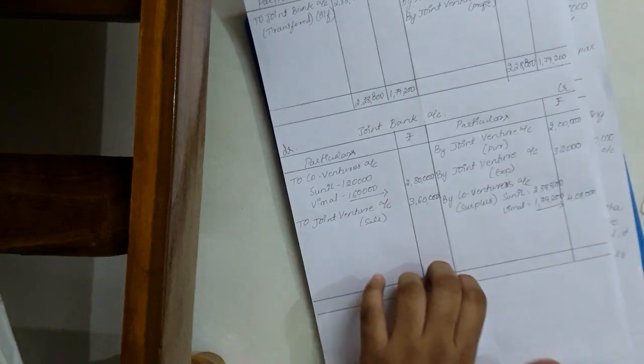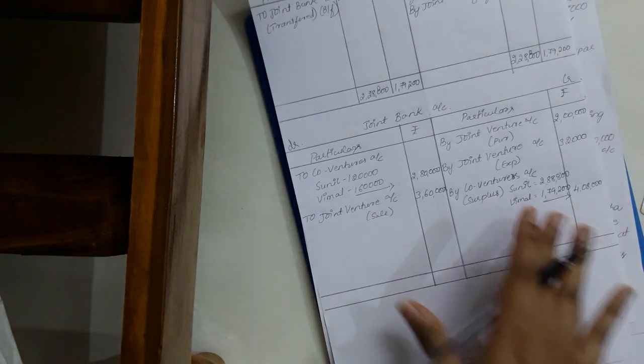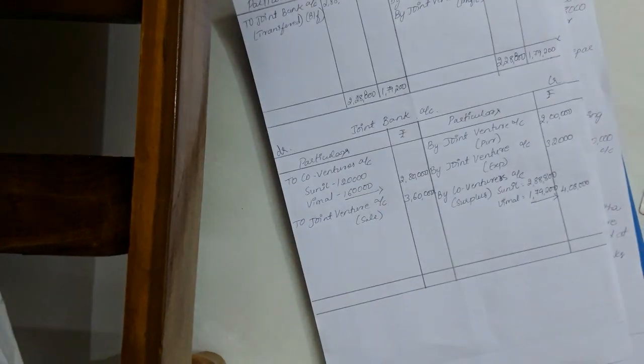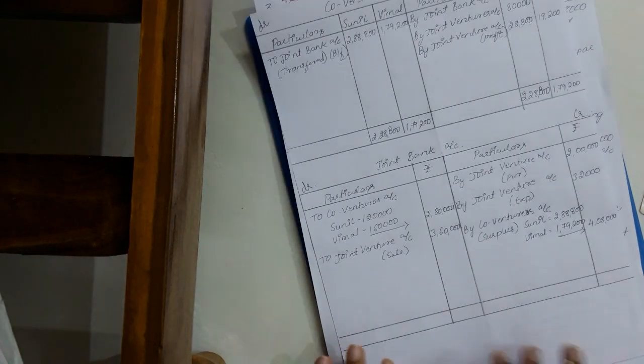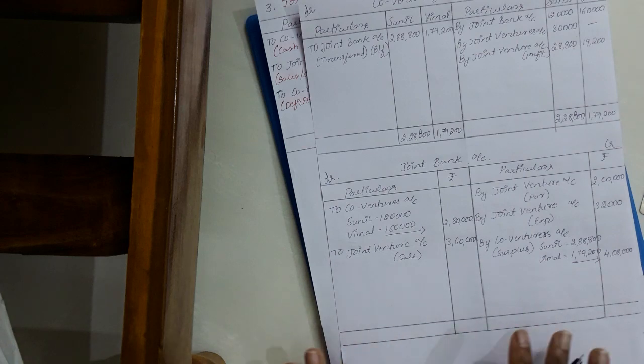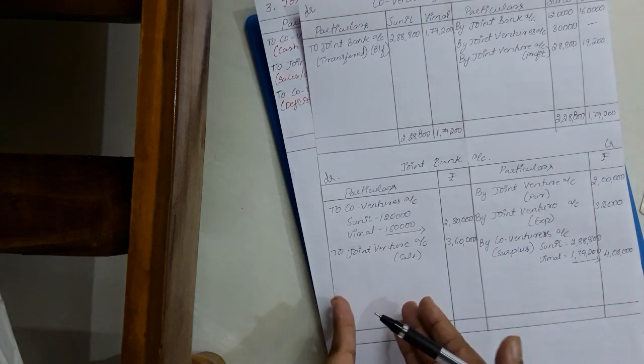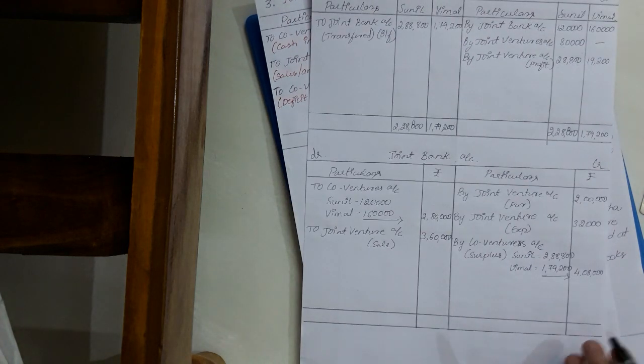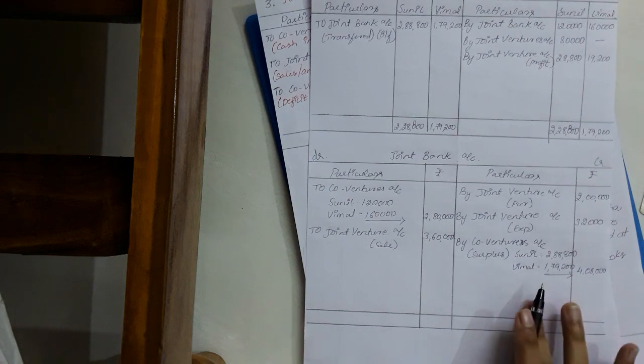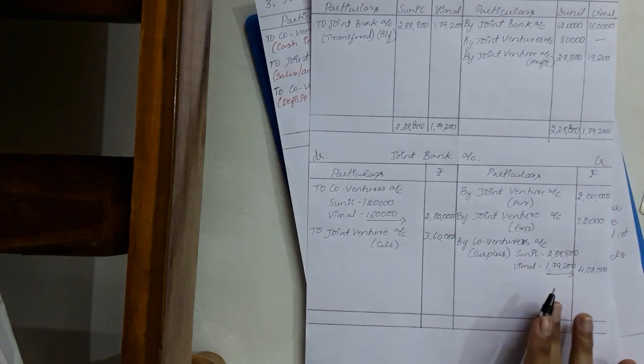One more thing you need to understand: every time this account should get tallied, right? It is a normal joint bank account. All the incomes will be written on the debit side, all the expenses on the credit side.